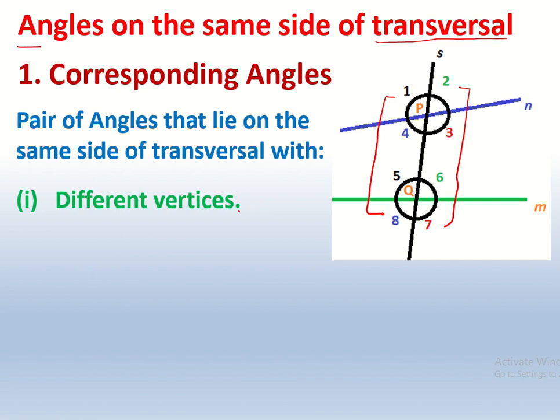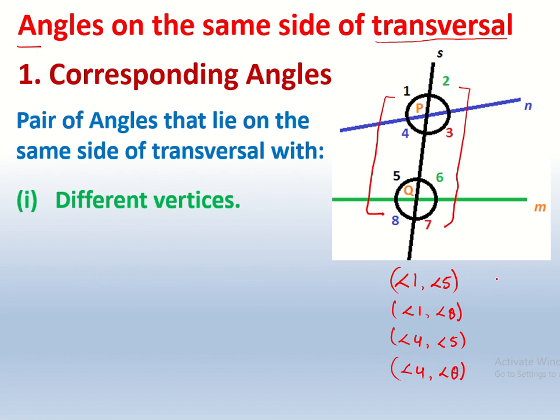So the first point says different vertices. It can be the pair of angle 1, angle 5, angle 1, angle 8, angle 4, angle 5, or angle 4, angle 8.